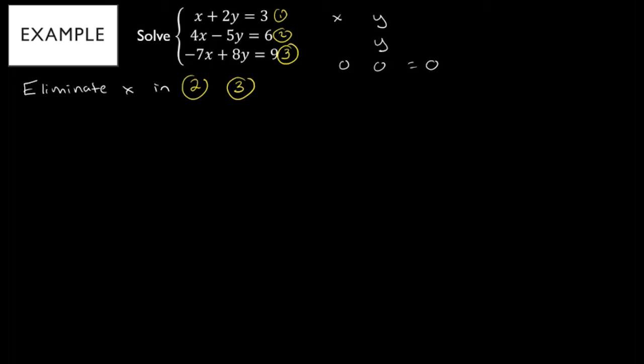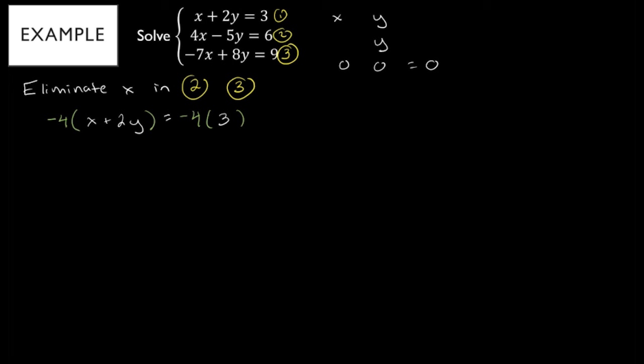To get rid of x in equation 2, I'm going to take my first equation and multiply it by -4. So I've got -4 times x plus 2y equal, and then I have to remember to do it on the right, -4 times 3.